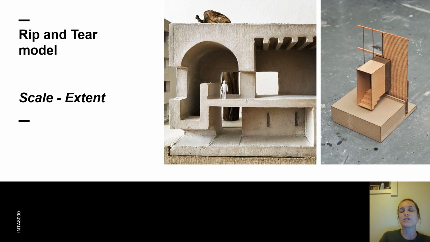If you're working at 1 to 20, you might be more interested in highlighting the detailed aspects of your scheme. So if you have a look at the image on the right here, a particular threshold or a particular material junction. So there's no right or wrong here. It depends on your core design ideas and spatial strategies, and you reflecting on which are the most important ones to showcase, to tell that narrative of your proposal.